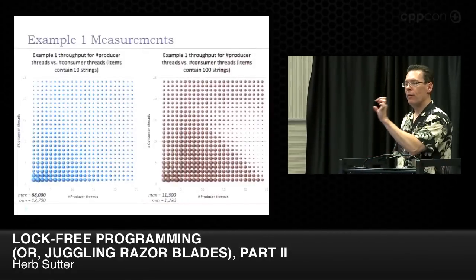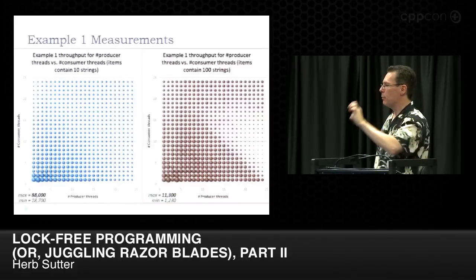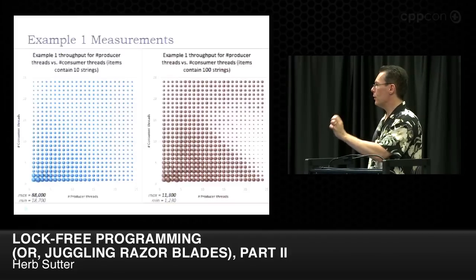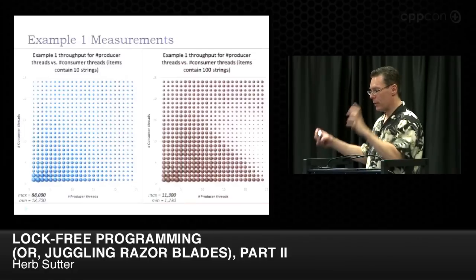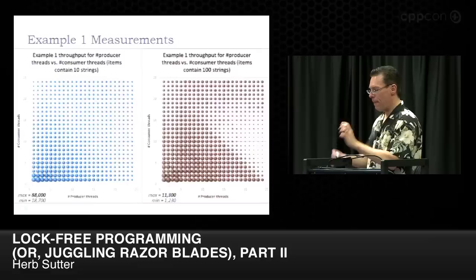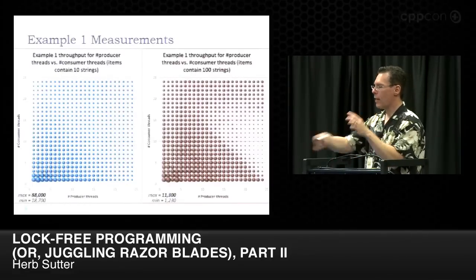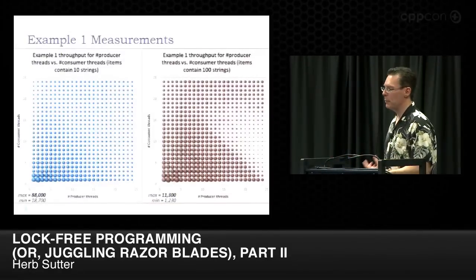The size of the circle at each combination of number of producers and number of consumers is the throughput, the number of nodes that I can shove through. And I've just arbitrarily scaled it to the biggest one, like you can see down in the lower left corner at 2 producers, 1 consumer. That size is the biggest of all the values, and then the others are scaled appropriately. And so you need to look at the legend at the bottom to see what that maximum is.